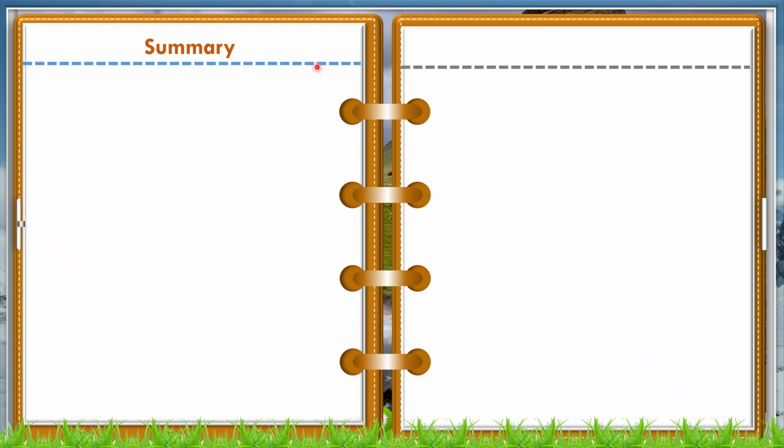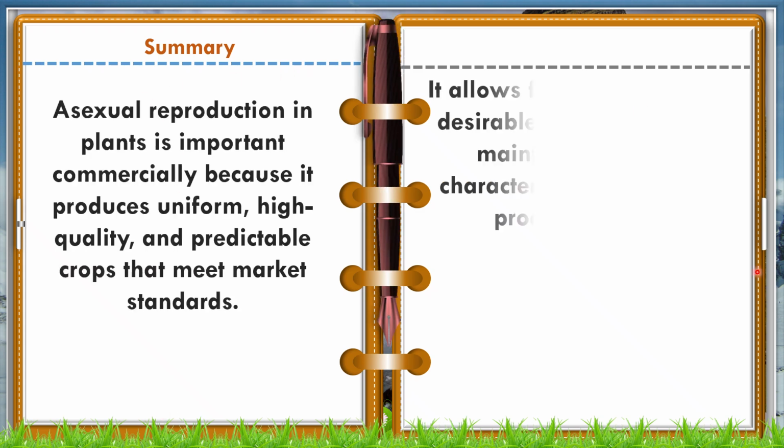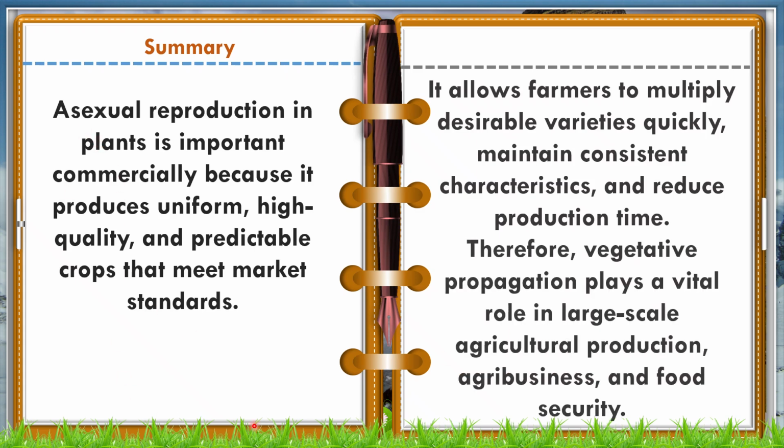Summary. Asexual reproduction is important commercially because it provides uniform, high quality and predictable crops that meet market standards.